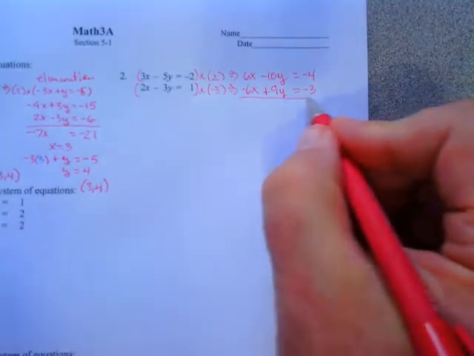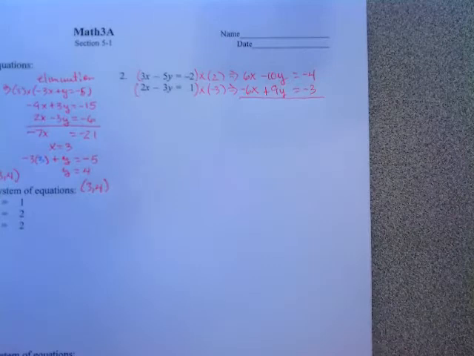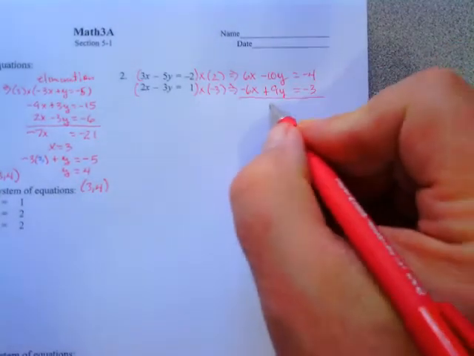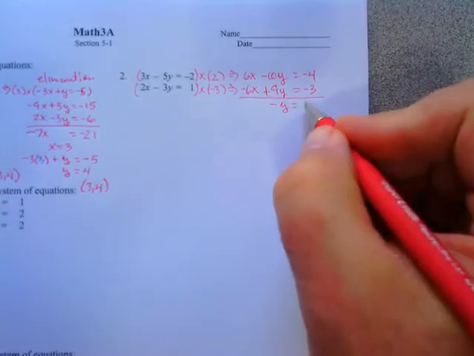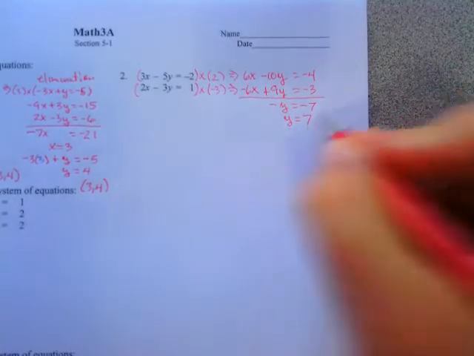And so now, because I have a plus 6x and a minus 6x, when I add these two together, I get rid of the x's. I end up with negative y equals negative 7, and therefore y equals 7.